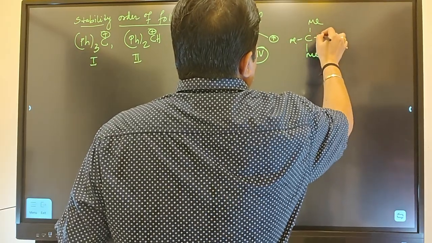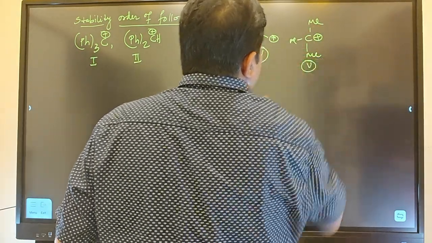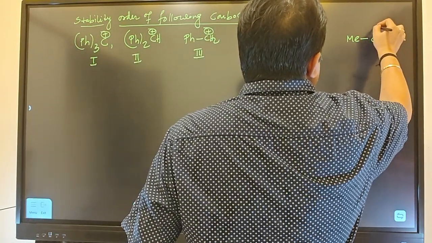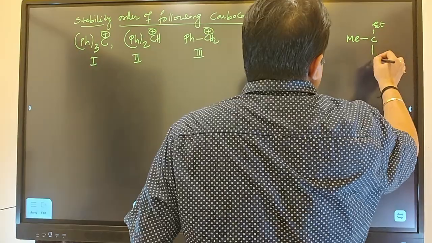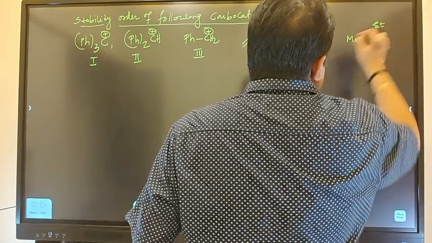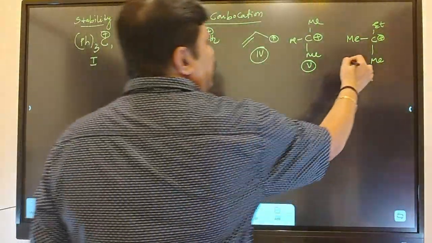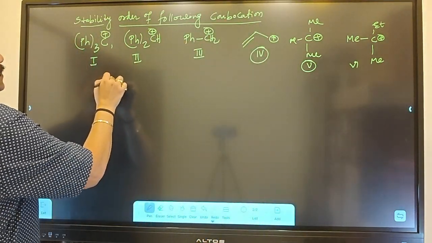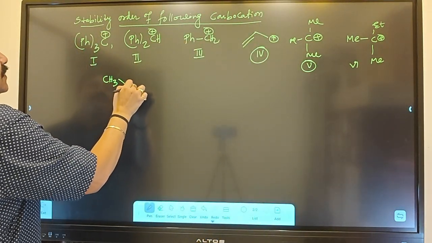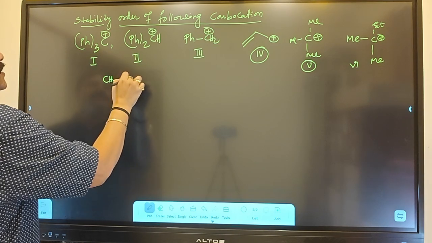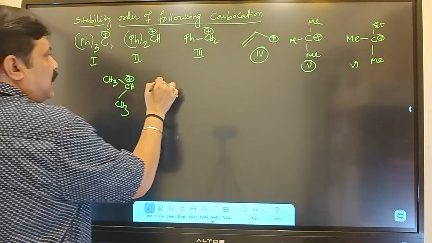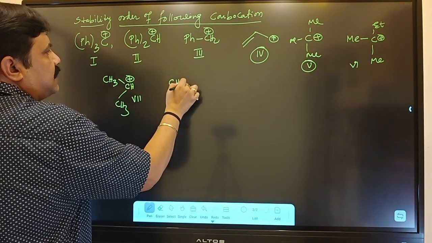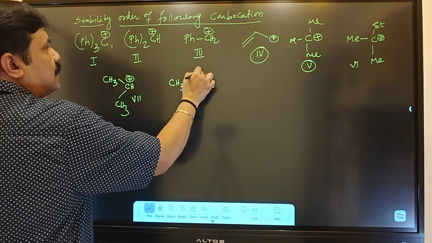Methyl. This is called the tertiary butyl carbocation, the 5th one. Next I am giving you methyl, and here ethyl, and here methyl, this carbocation. Both are 3 degree, but the alpha hydrogens will be different, 6th one. Now the 7th one I am giving you like this, CH3 CH. Next one I am giving you CH3 CH2.